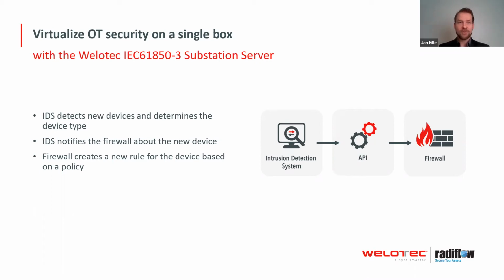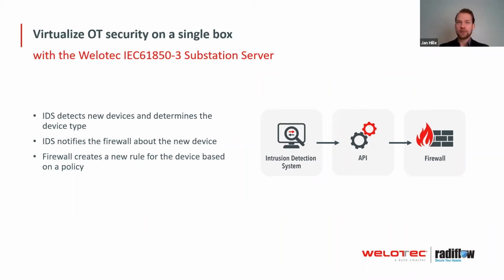So if, for example, the IDS now detects a new device, it will determine the device type. It might, for example, be a PLC or an HMI. And it notifies the firewall about the new device. Then the firewall will create a new rule for this specific device based on a policy which is predefined.